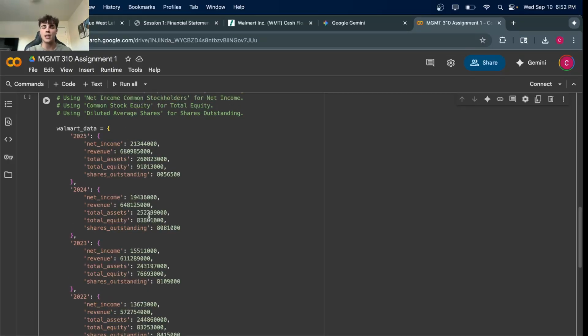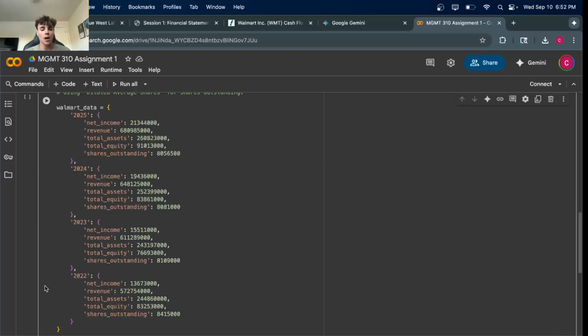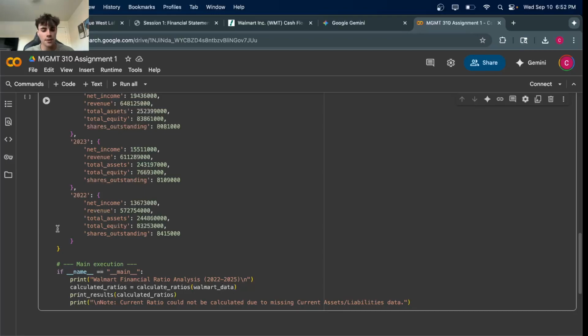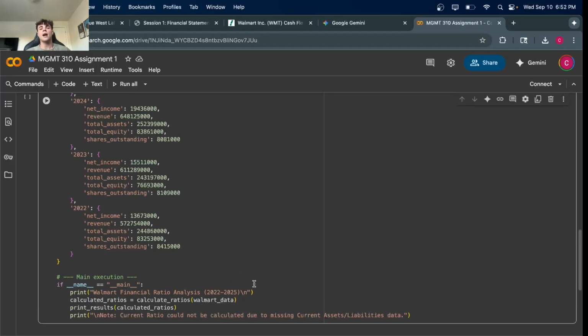It looks through each statement, realizes what it needs, finds it itself, and spits it out right here: net income, revenue, total assets, total equity, shares outstanding for each year. And then right here it's saying that it's done it. It's calculated the ratios, printed the results, and done what I asked it to do.